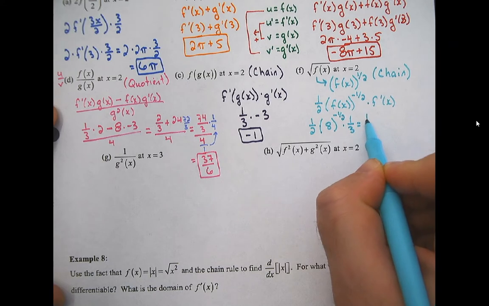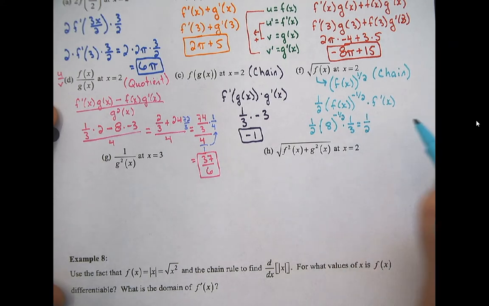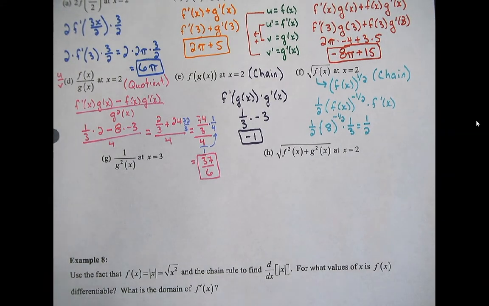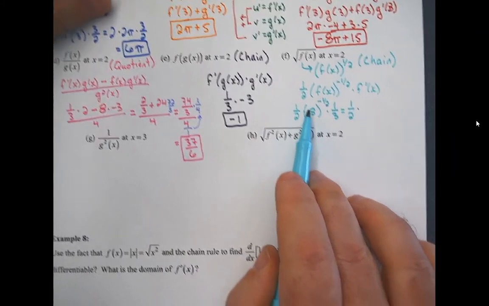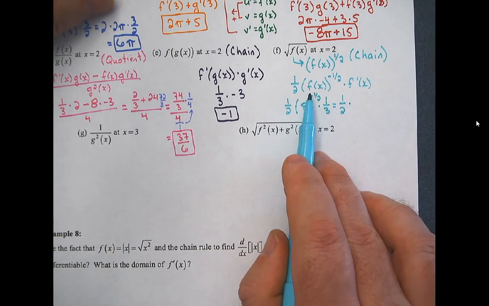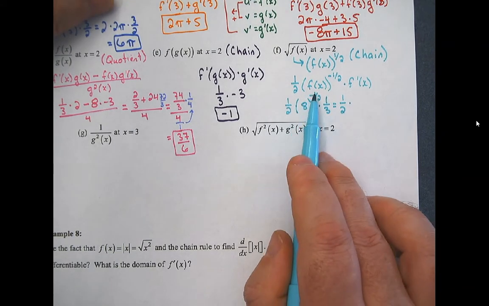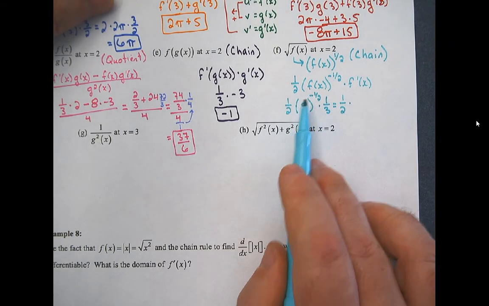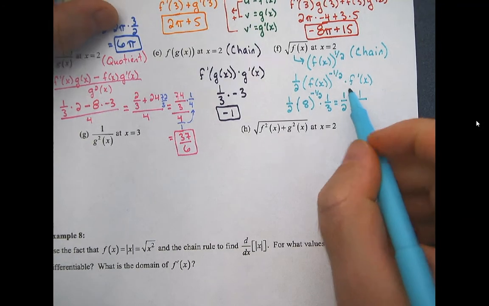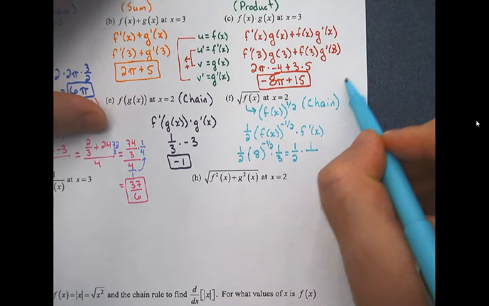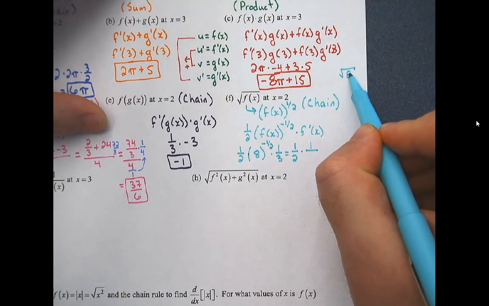Okay, so we have 1/2 times, okay, so let's think about what happens to this guy. First of all, the negative is going to flip it to the bottom, and the 1/2 exponent means a root. So I'm going to clean up that root over in the margins. I want to take the square root of 8 and clean it up.